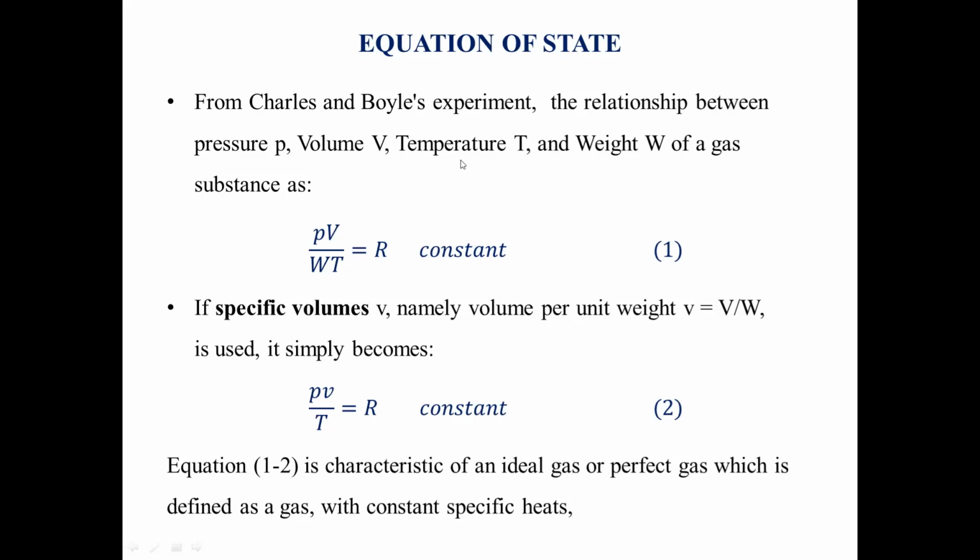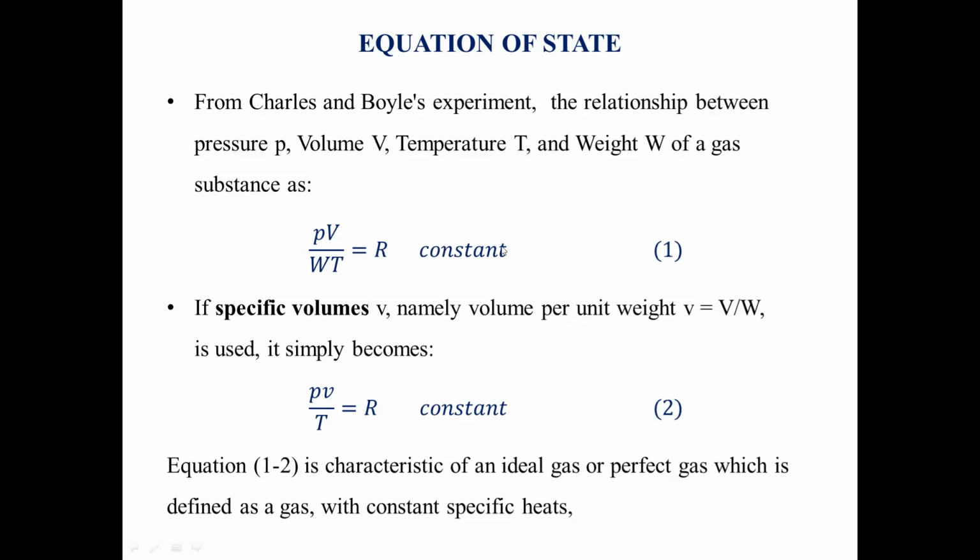From the gas equation, we know the relation between the volume, the pressure, temperature, and the weight of the gas, which is related with PV over WT. W means the weight, V is volume, P is pressure, T is temperature, which is equal to R, which is constant.